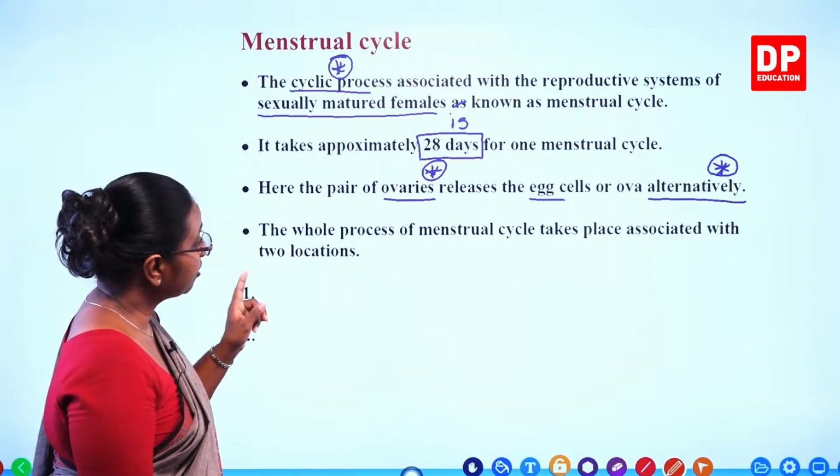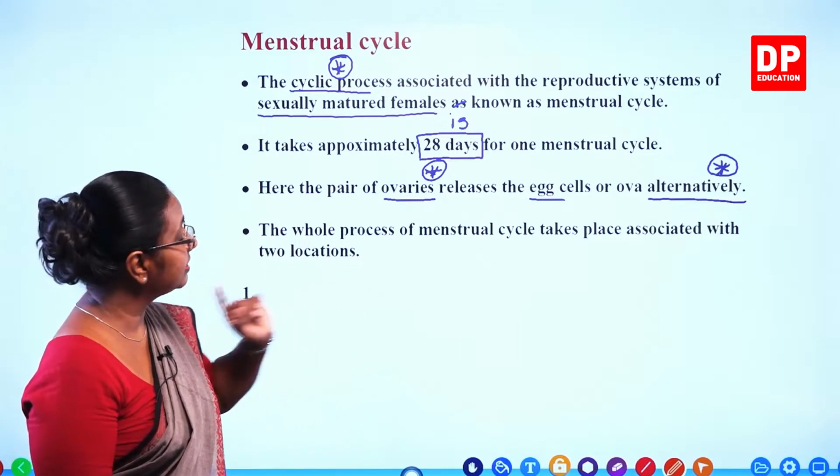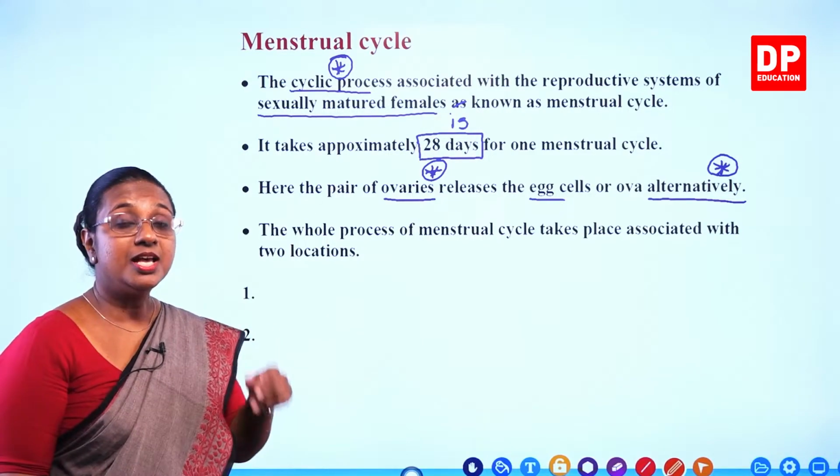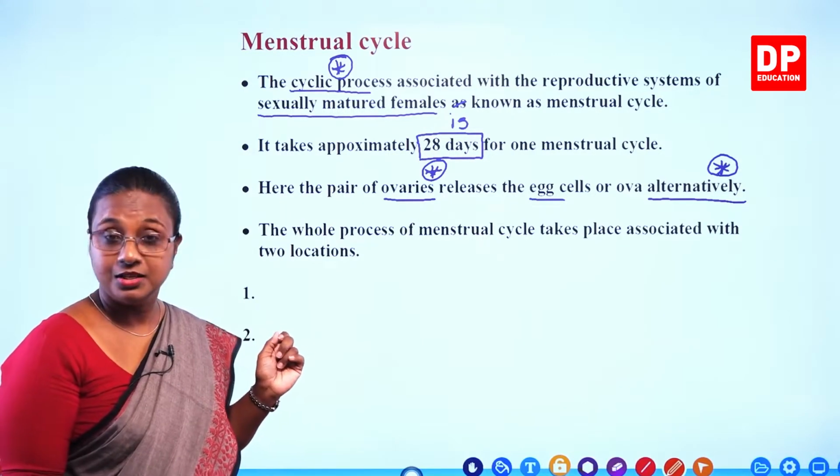The whole process of the menstrual cycle takes place associated with two locations. What are the two locations? The ovary and the uterus.